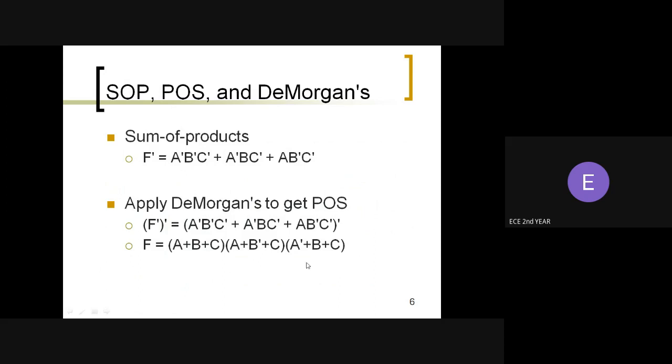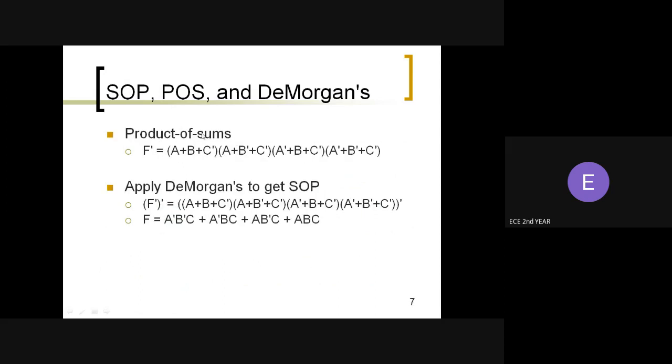And we can do the reverse thing also, that is nothing but POS to SOP conversion. One example expression is given here: A plus B plus C bar, A plus B bar plus C bar, A bar plus B plus C bar, and A bar plus B bar plus C bar. Let us see how to convert. Again, we are going to apply De Morgan's rule to convert that POS to SOP. So applying De Morgan's theorem means the whole term has to be inverted.